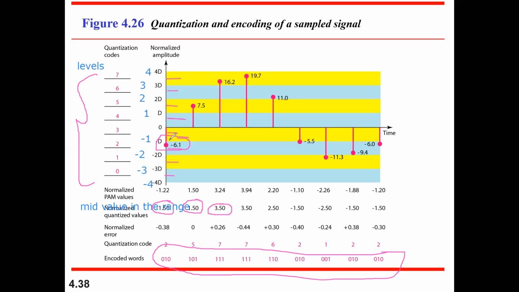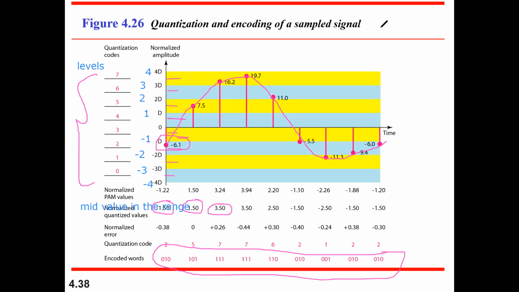If I just try to draw it, this is how it is. So from this analog signal, we have encoded it to digital data. From this digital data, once again, we need to convert it back to the original analog signal. How is it done?